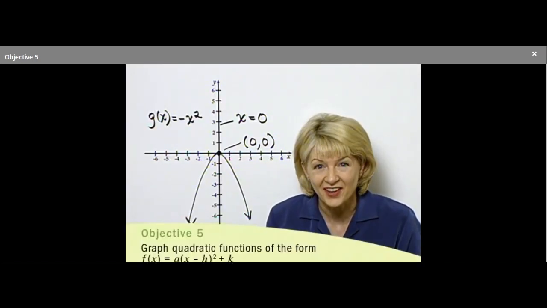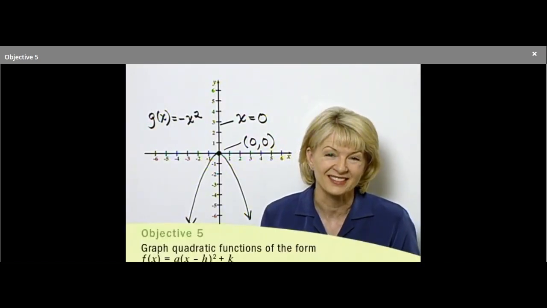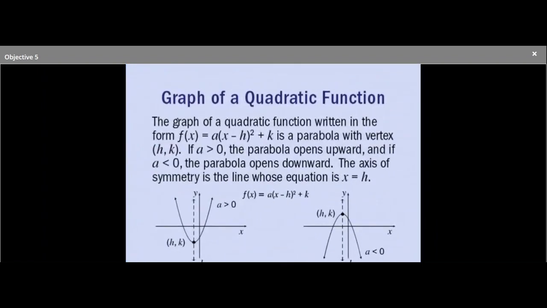All of this together, and let's look at the following. This is in general the graph of a quadratic function. The graph of a quadratic function written in the form f of x equals a, x minus h quantity squared plus k, is a parabola with vertex (h, k).